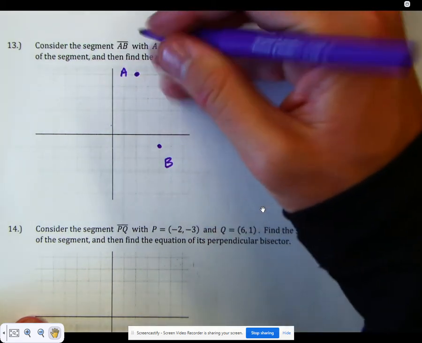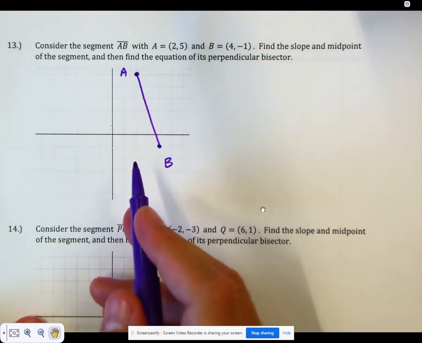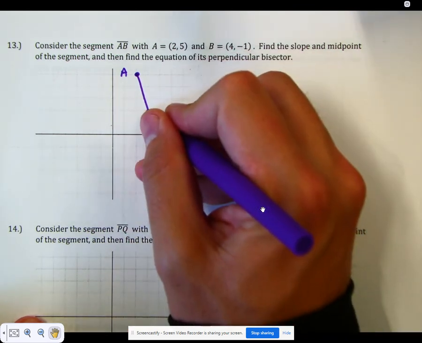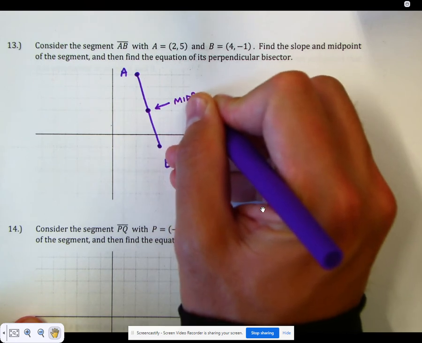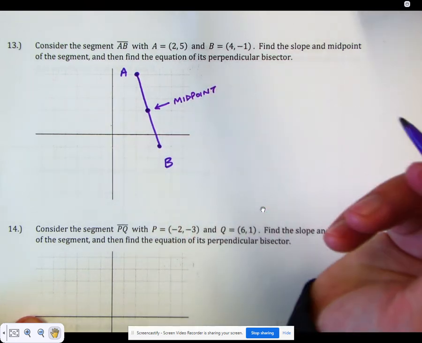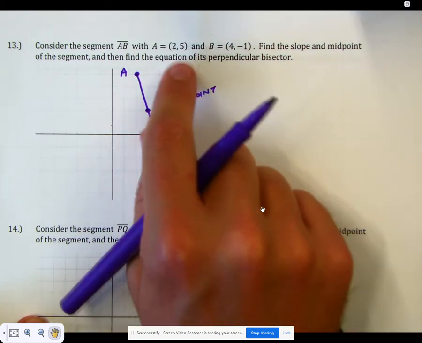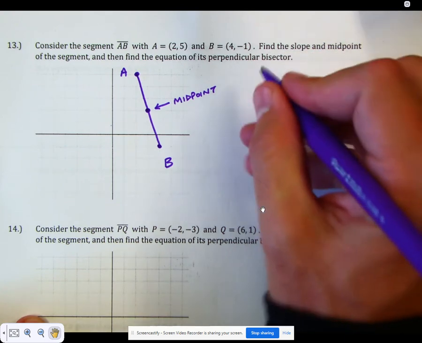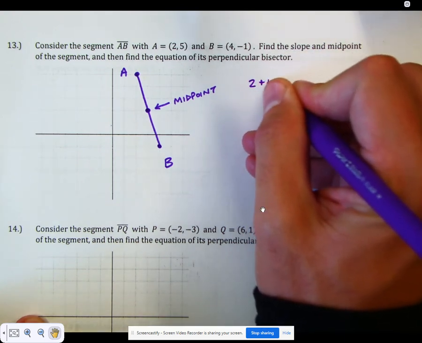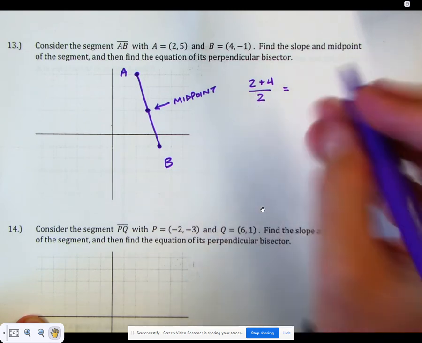So let's draw the segment in. If you draw it carefully, you might just see the midpoint. Remember, the midpoint is just halfway. How do you find the midpoint just with the numbers? Well, you just go average of 2 and 4. So you go 2 plus 4 divided by 2. So that's 6 divided by 2, which is 3.